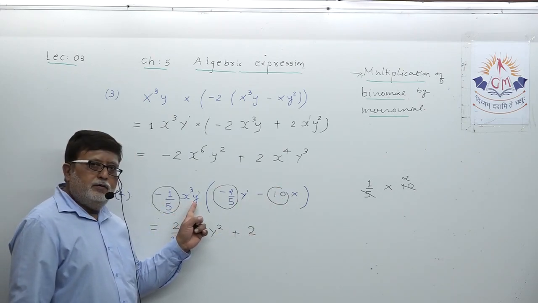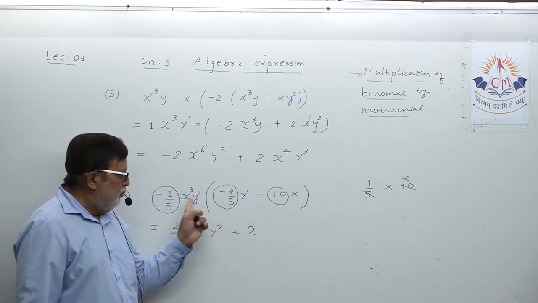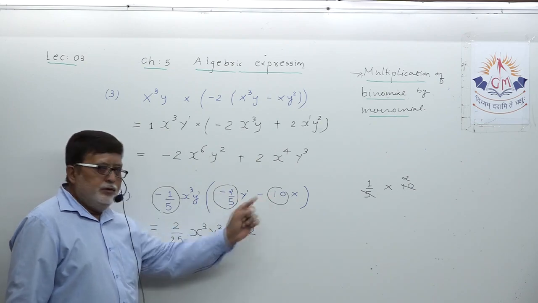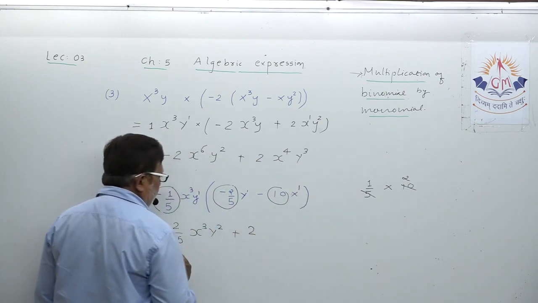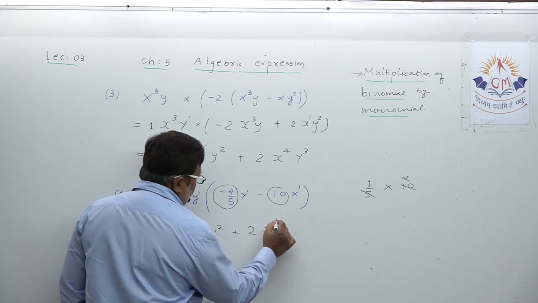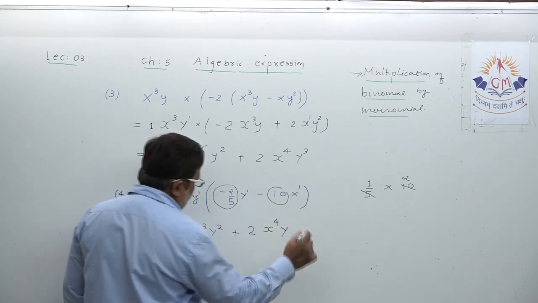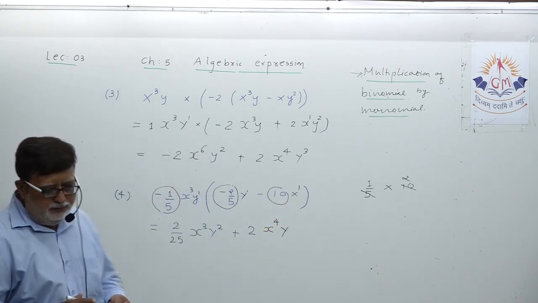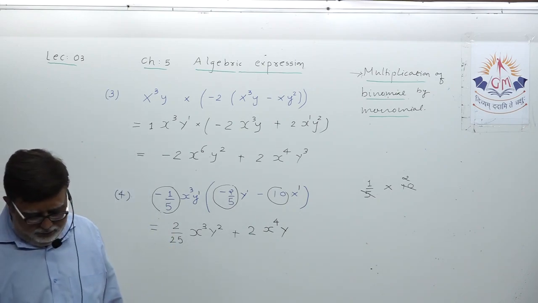Now it's a question of multiplying variables. X cube, here there is no power of x, means 1. So we will get x raised to 4. Y only one term, so y as it is. The multiplication is over. You understood this?